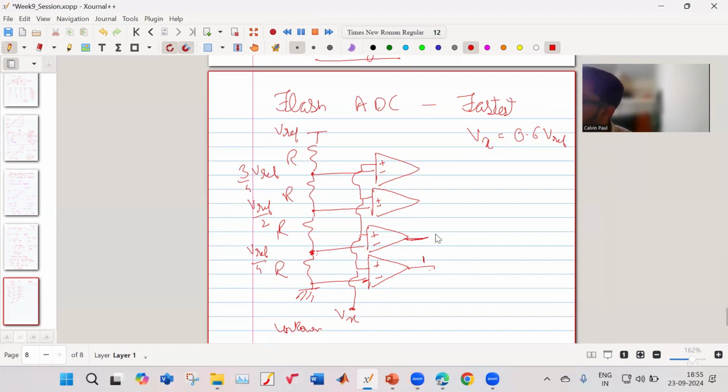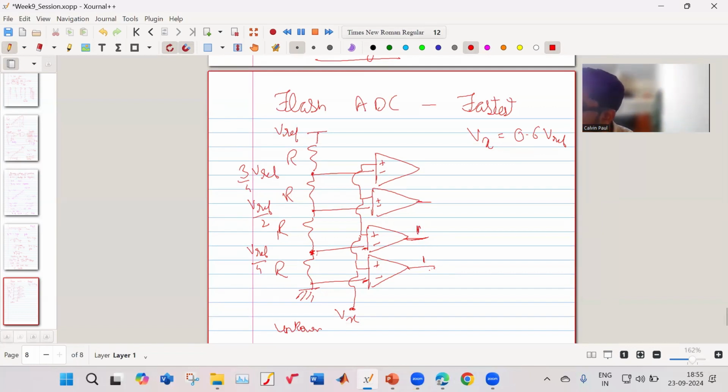Similarly, over here, what will be the output? Here I'm comparing 0.25 Vref and 0.6 Vref. So it will be high. What will be over here? Here also it should be high.